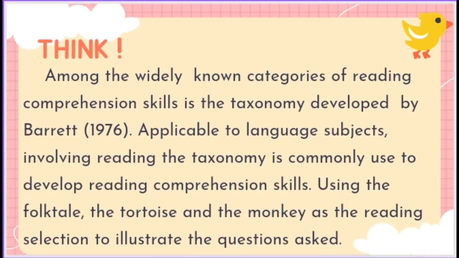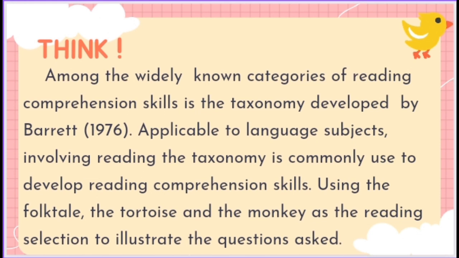So, among the widely known categories of reading comprehension skills is the taxonomy developed by Barrett in 1976. It is applicable to language subjects involving reading. The taxonomy is commonly used to develop reading comprehension skills.